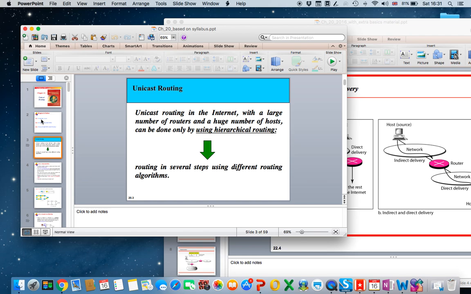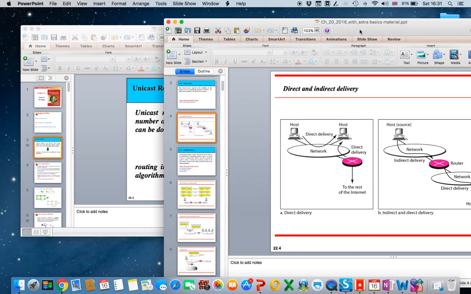But what we need to know is how can we move a packet from a source in one network to a destination that is in another network. We do this with the help of routing.